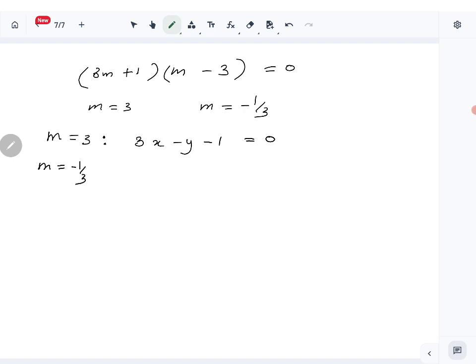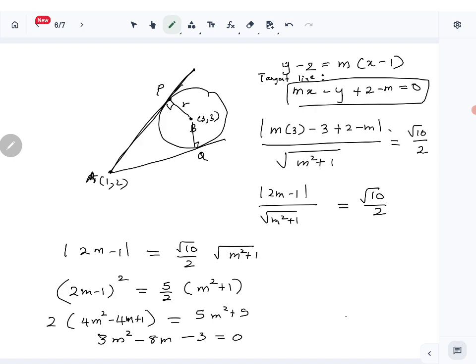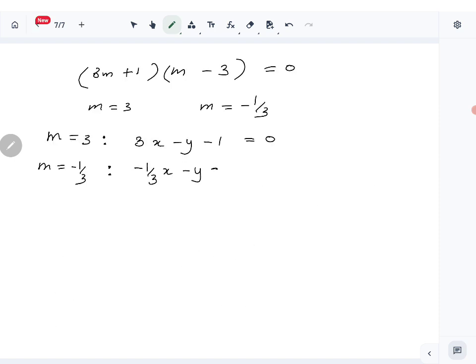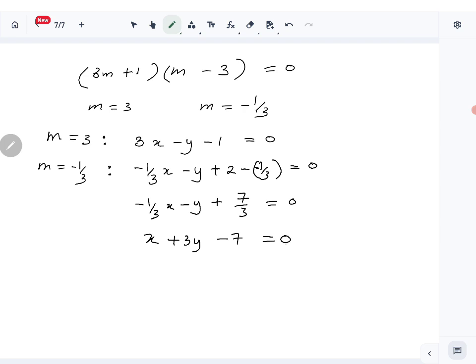When m equals minus 1/3, minus 1/3 x minus y plus 2 minus 1/3, which is 5/3... equals 0. Multiply by minus 3, so then x + 3y − 7 = 0, right? So those are the two tangent equations, right? So that's also done.